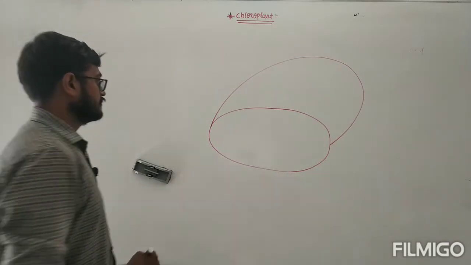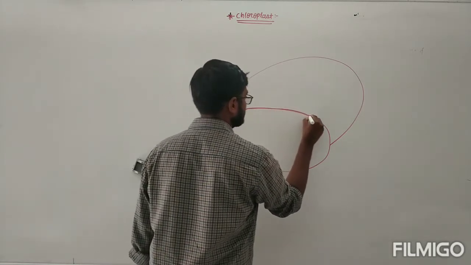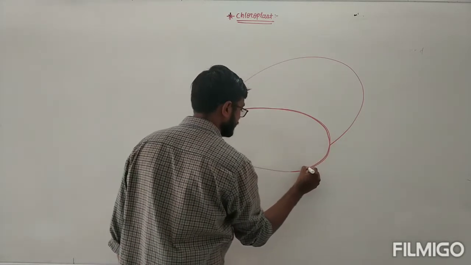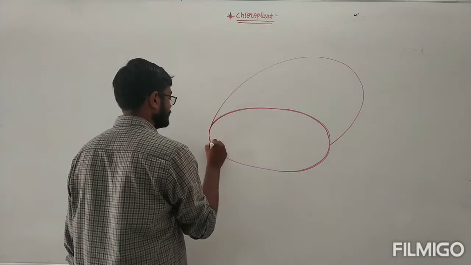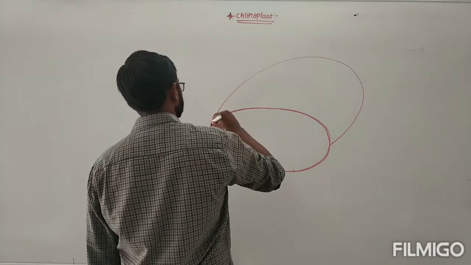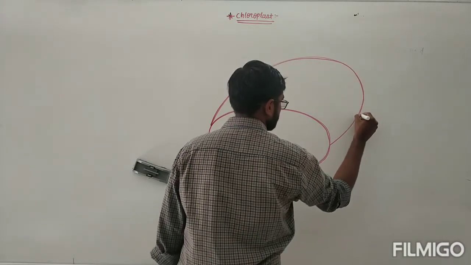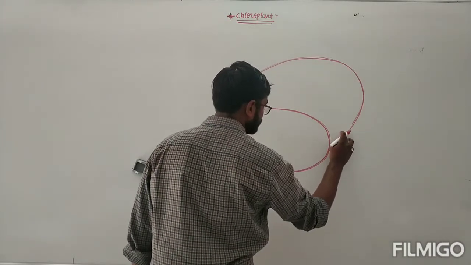So what happens here? We have cut this small portion so you can see it easily on the inner side of the chloroplast, and this is the back portion of the chloroplast.